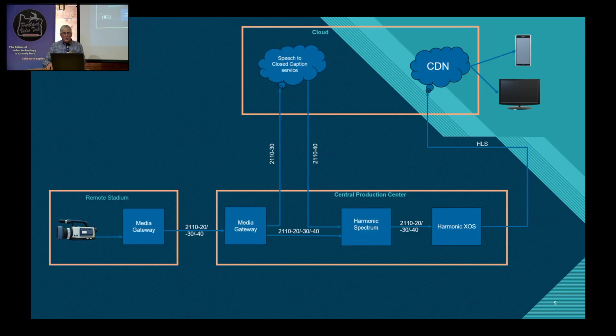Then you have a central production center that actually does the video production. It's the production facility here. And finally, the cloud is used for a couple of different services. We'll go into more details on this.